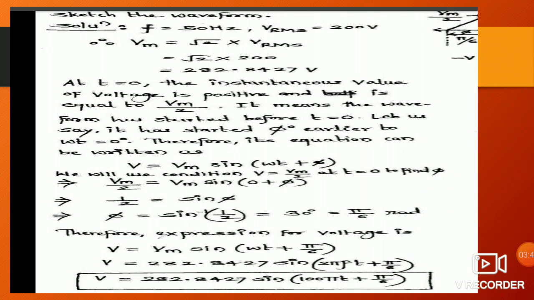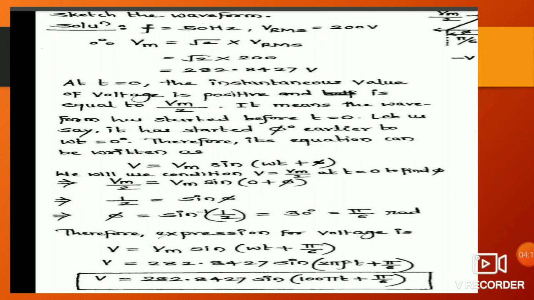Moving towards the solution, as we know frequency is given as 50 Hz and Vrms is 200 volt, and we also have the formula Vm = peak voltage = √2 times Vrms. Now substituting the value of Vrms as 200 volt, Vm = √2 × 200, we get Vm = 282.84 volt.